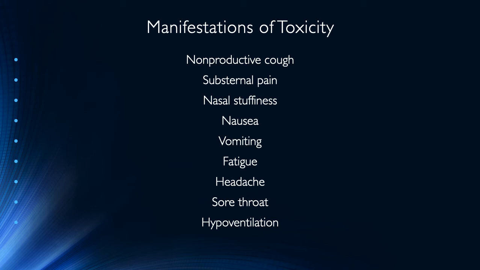They can be very fatigued, very headachy. They may complain of sore throat. That oxygen blowing in at 50% all the time, or 100%, is causing their throat to be sore. And you will actually see their ventilations slow. Their respirations will become shallow, and their respiratory rate will actually decrease.